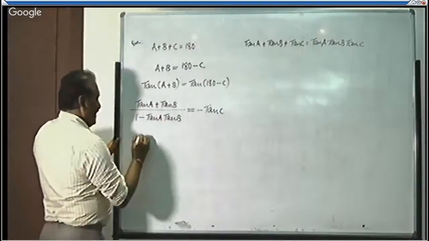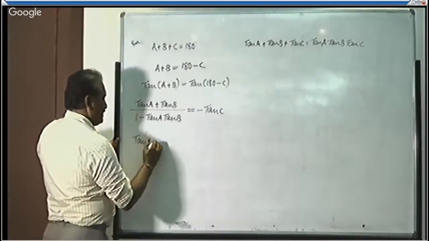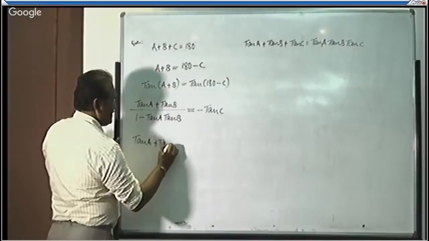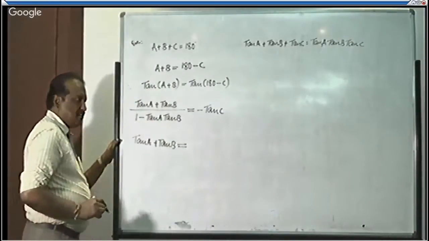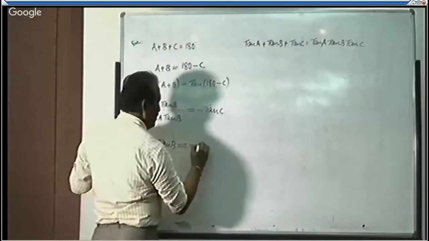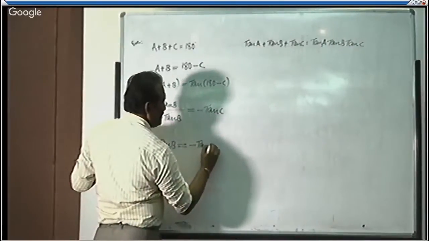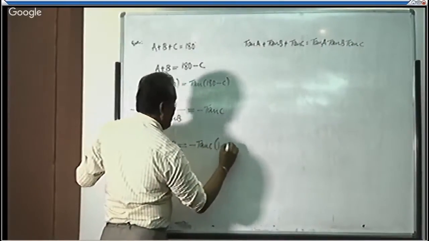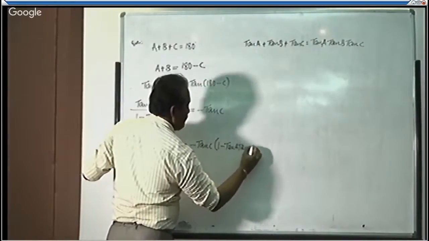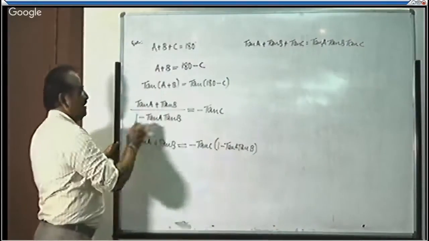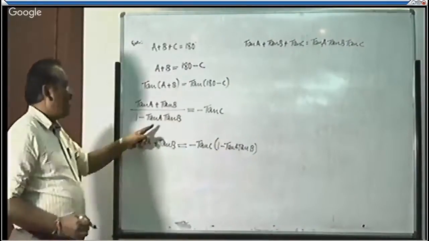Now write down tan A plus tan B on the LHS itself. Now cross multiply the denominator of the LHS to the RHS. You will get minus tan C into 1 minus tan A tan B. Right? I just simply did the cross multiplication.